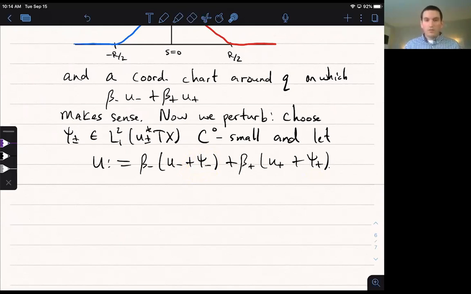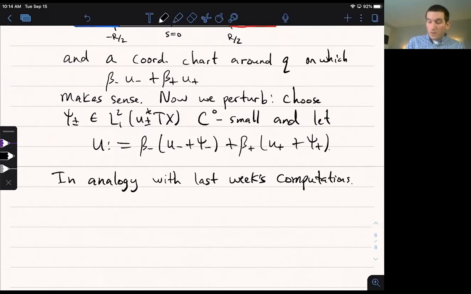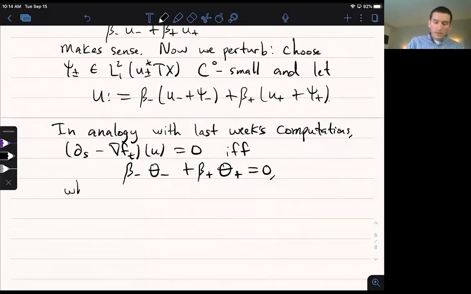So then we want to know the conditions under which this glued thing is actually a flow line. Maybe we won't actually do the computations, which Joe showed to us last week, and I'll just say by analogy. We're going to find that U actually satisfies this flow line equation if and only if, once again, we have beta minus theta minus plus beta plus theta plus equals 0, where I need to define these thetas for you.